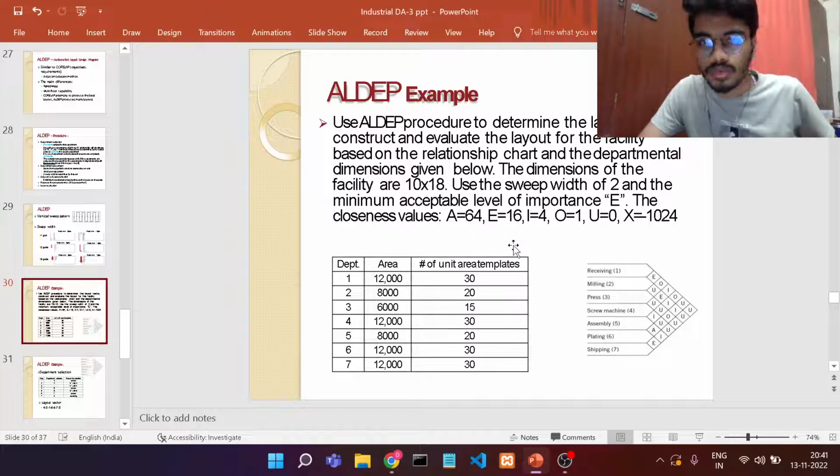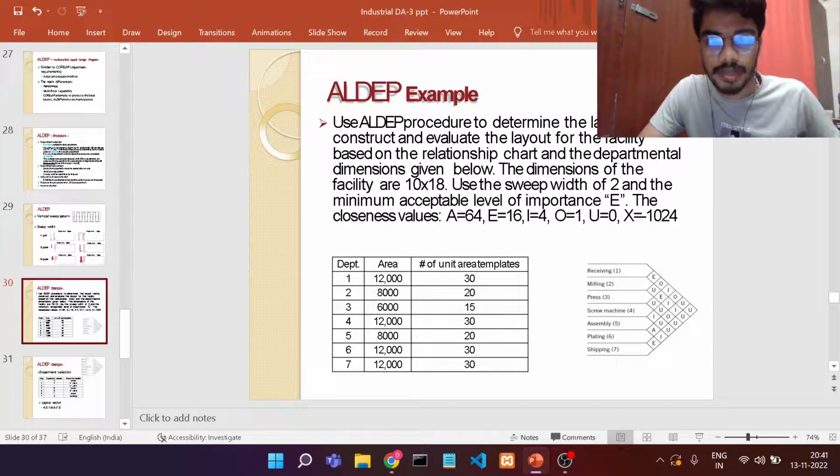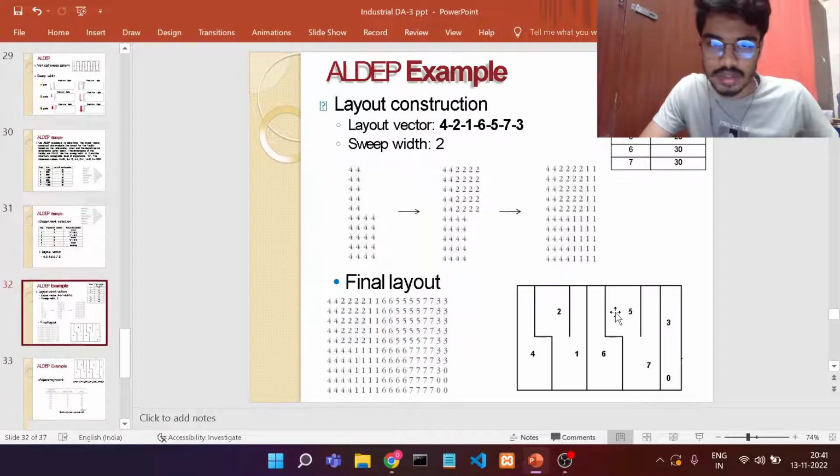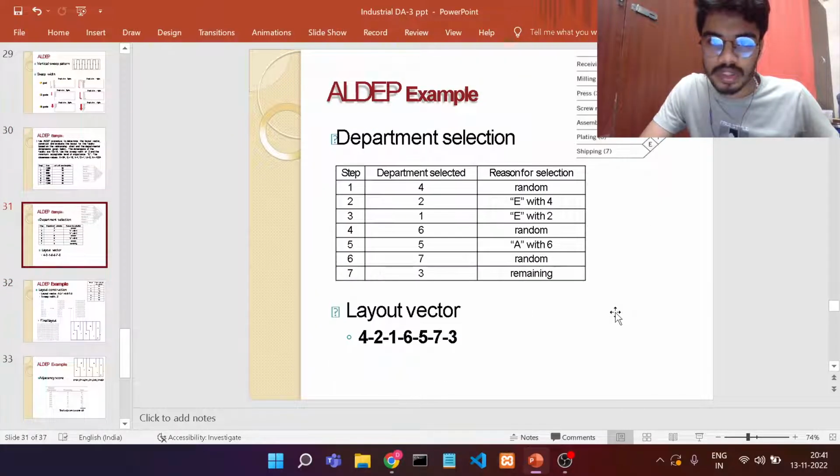Now what you do is divide it by 12,000. You come up with some values. Now the thing becomes 400. Now divide 4,000 by 12,000, you will get 30. Okay, so you'll get some values like department 1.